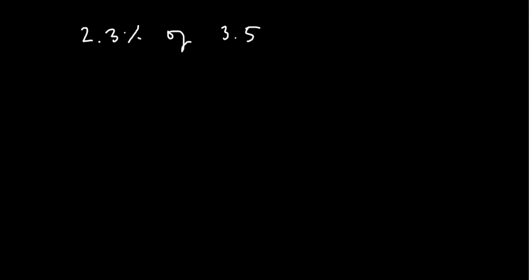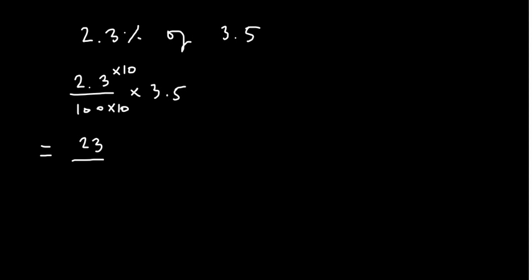So 2.3% is just 2.3 over 100, and then we multiply that by 3.5. And then, as before, we're trying to get rid of the decimal point in the numerator, so we would just multiply by 10. So that would become 23 over 1,000 multiplied by 3.5.